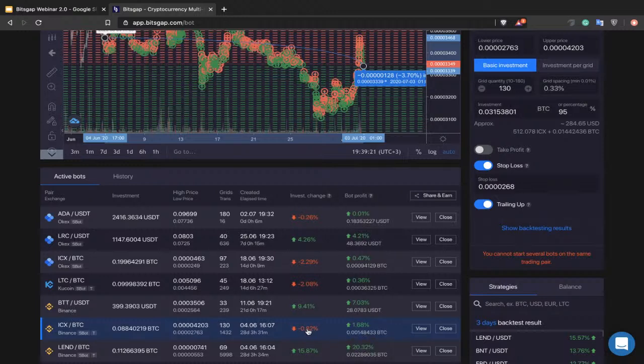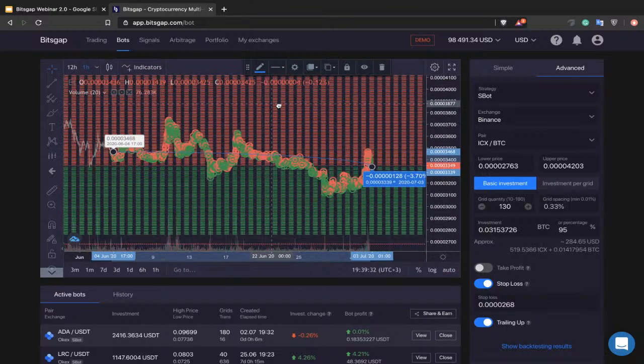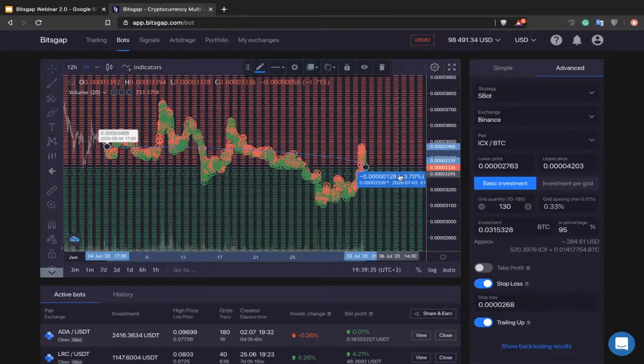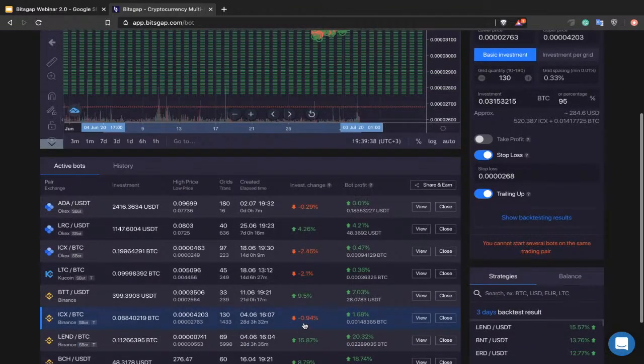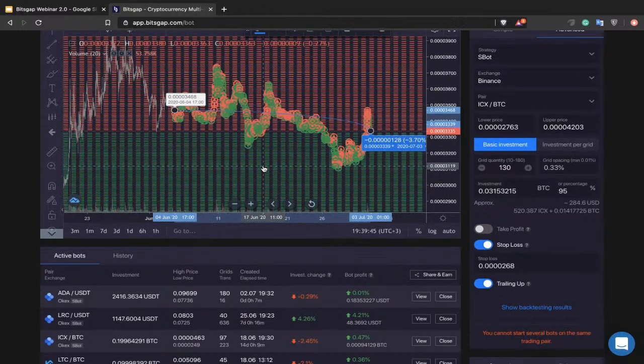All right. So here's the pure example for you of how we minimize your losses in case of a falling market. You see, it was a falling market. Without automation, you would be in minus 3.7%, whereas with automation, that's only minus, well, almost 1%. So that's the triple effect.